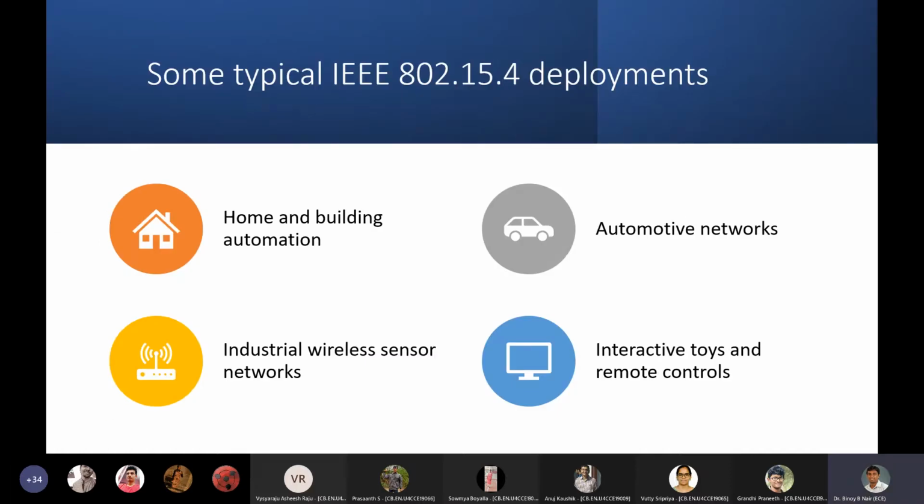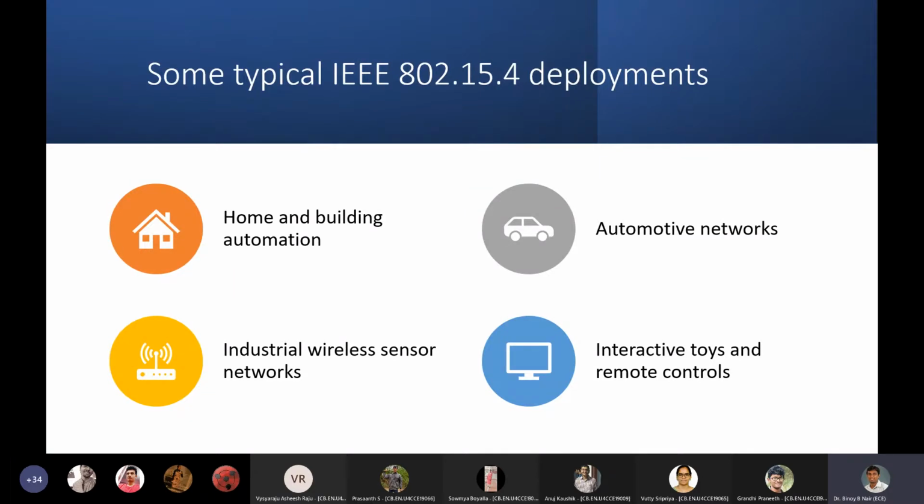This is where you will find most of the deployments. Home automation uses a lot of this. Automotive networks also use this. Industrial grade IIoT devices, and several applications which include wireless controlled toys, etc. In some of the quad rotors, you will find they tend to use Zigbee for small ranges, because security-wise built-in systems are there, so it makes more sense for them to deploy that.